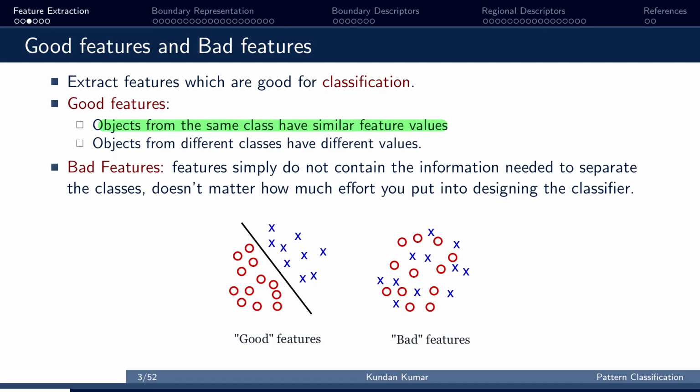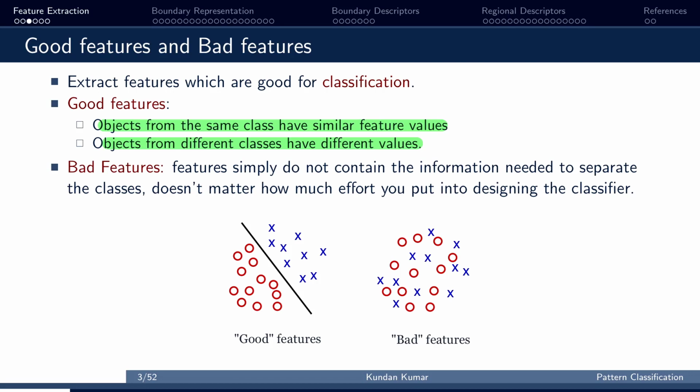That means whatever features we extract from objects of a similar type, the feature values should be very close to each other, and objects from different classes have different feature values.